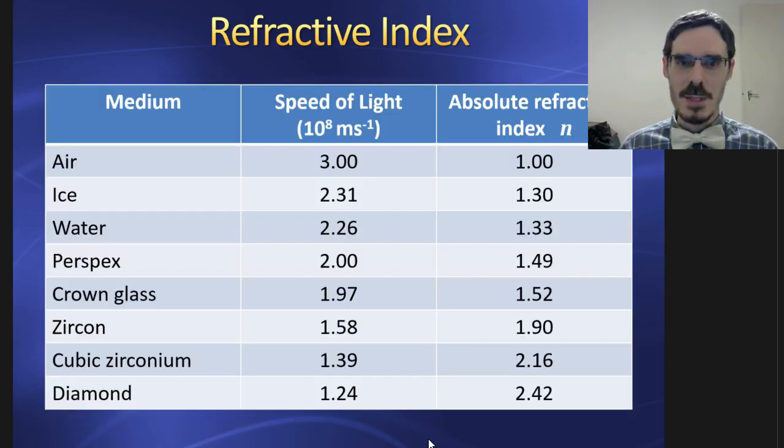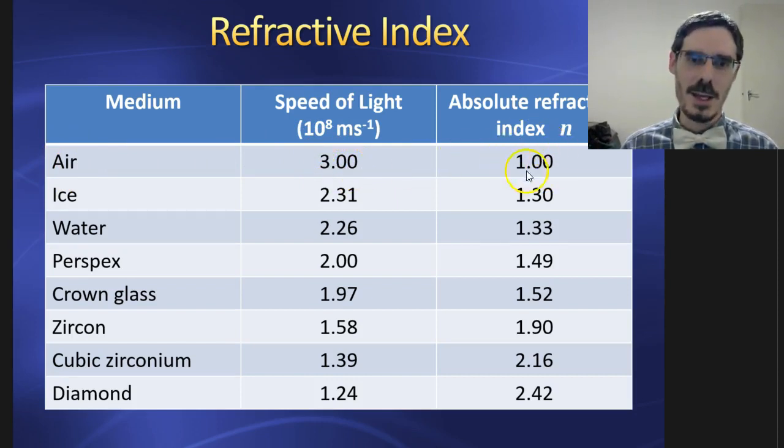Here's a table of some typical refractive indices. You won't need to know this whole table. We'll provide what you need, but you will probably get used to some of these numbers because you'll use them a lot in calculations. So, air is very close to a vacuum. Light travels pretty much the same speed, 3 by 10 to the 8 metres per second, through air.